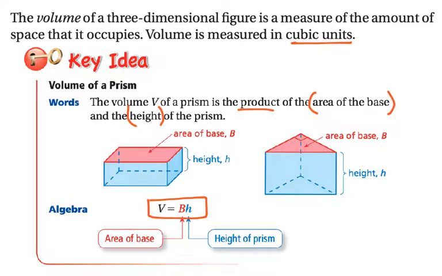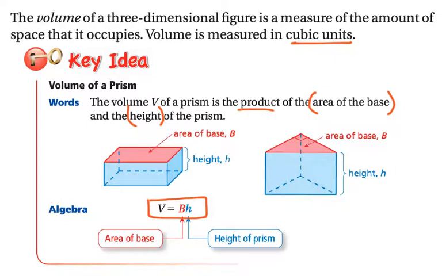If it's a triangular prism, we're going to have to find the area of a triangle, and so on. But the height of the prism in these two pictures does appear to just be how tall the prism is. But as we saw in some of our surface area examples, if that prism is laying on its side or on a different face, that height could be going from left to right instead.